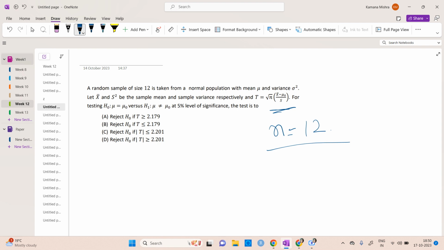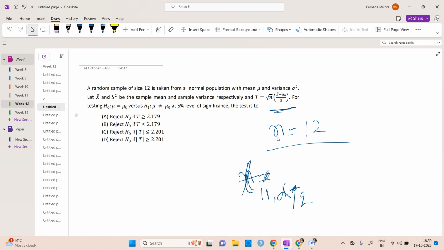So it is, I think, very simple. All you need to do is check t at n equal to 11, at alpha by 2, right?